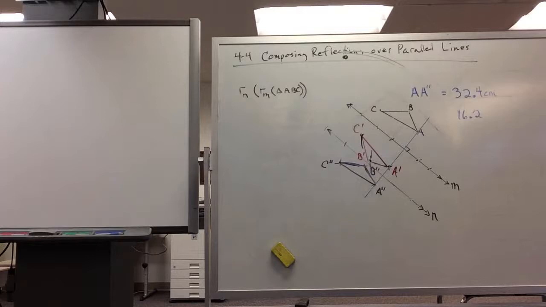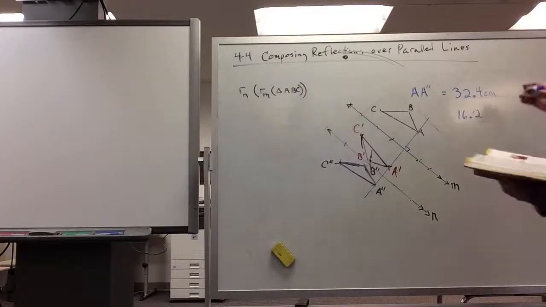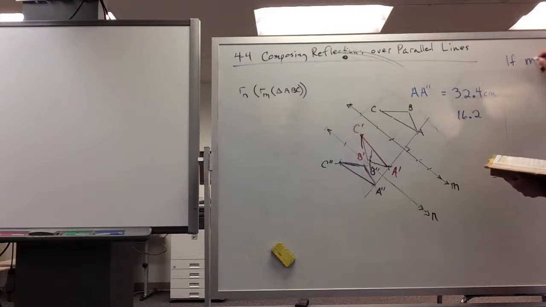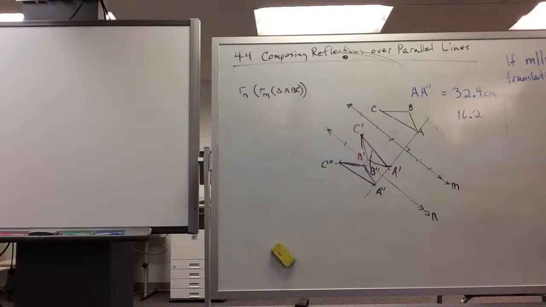So if you look at the top of page 206, they say two reflection theorem for translations. And they write it differently here. They say if two lines are parallel to one another, then they say the translation, and they say reflection over n, and then they have a little circle.